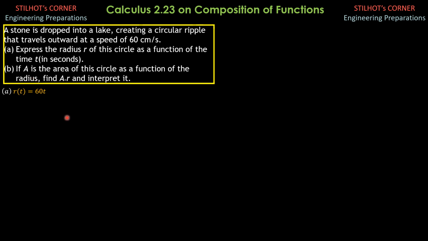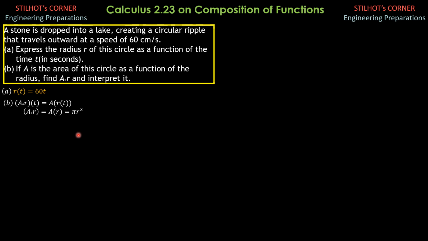Then the area of a circle, A of r, is A as a function of r, and r is a function of time. So A of r of t is A of r sub t. But A of r equals pi r squared, and since r is 60t, substitute.